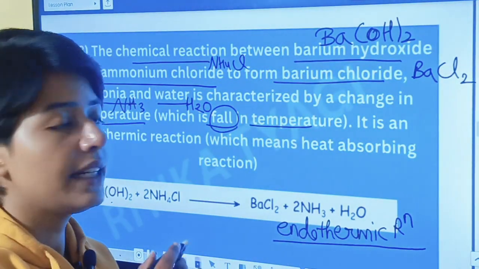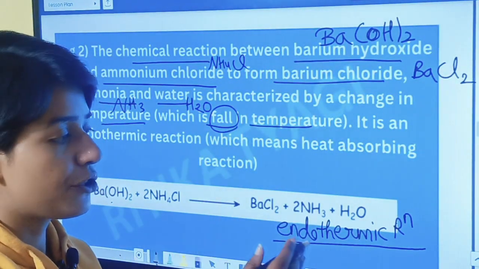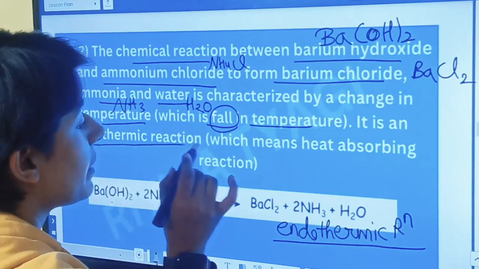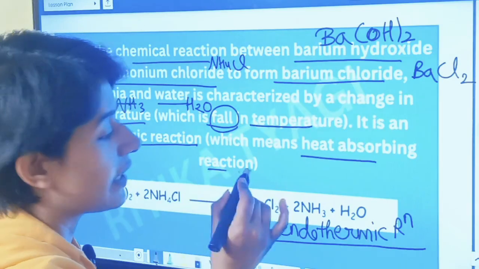It means initially the temperature is high, but after formation of product, the temperature decreases. It is an endothermic reaction, which means a heat absorbing reaction.